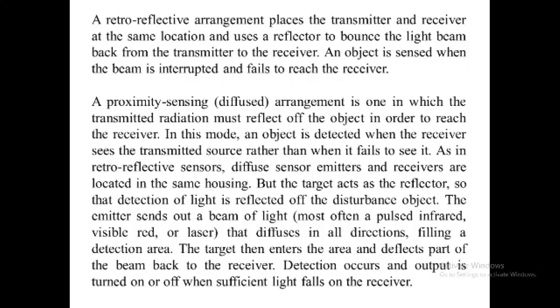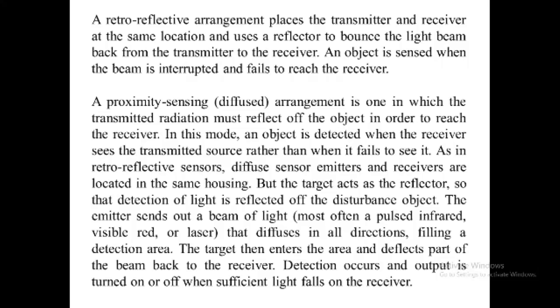Diffuse sensors are the easiest to install because everything is included in a single device, and they are a cost-effective sensing solution. The drawback to diffuse sensors is that they are less accurate in position detection than through beam and retroreflective sensors, and they are not as effective on transient objects.